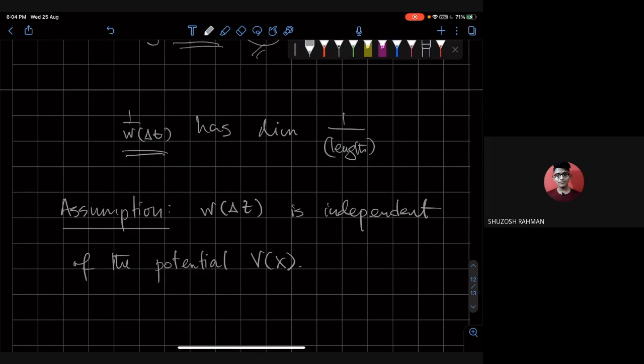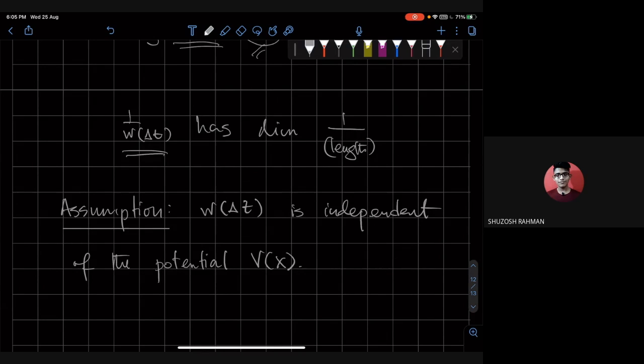And you might say, how did we guess that? Well, that's because we actually know the expression of the propagator from quantum mechanics, and we can just look it up. And we can see that, oh, there's a normalization there which does not depend on the potential. So, you're allowed to assume stuff like that. Okay, so this is not a very major assumption, but it makes life easier.